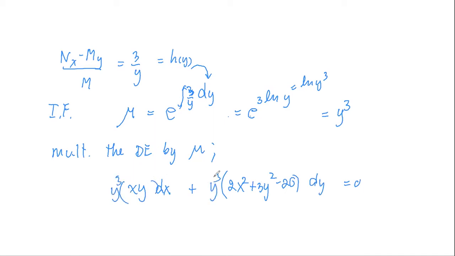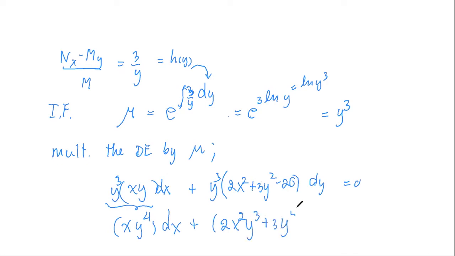Simplify the expression to be x times y to the fourth times dx plus the quantity 2x squared y to the third plus 3y to the fifth minus 20 y to the third with respect to y equals 0. This becomes your new differential equation, and this equation must be exact.